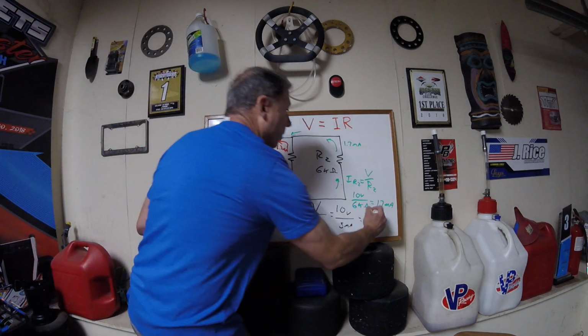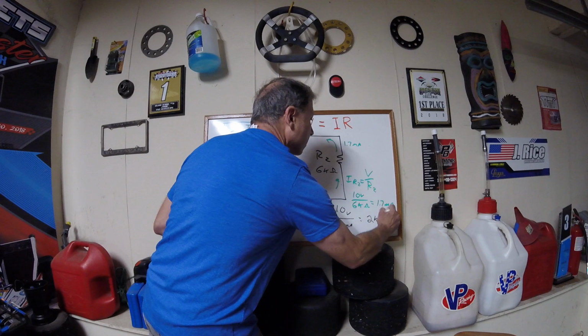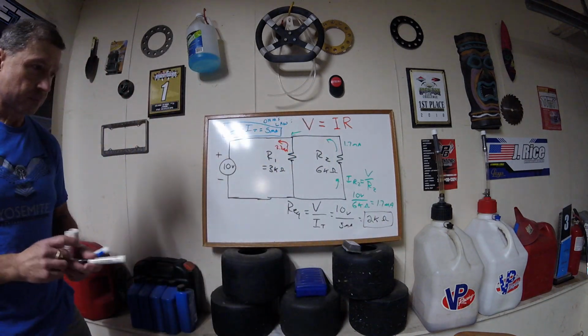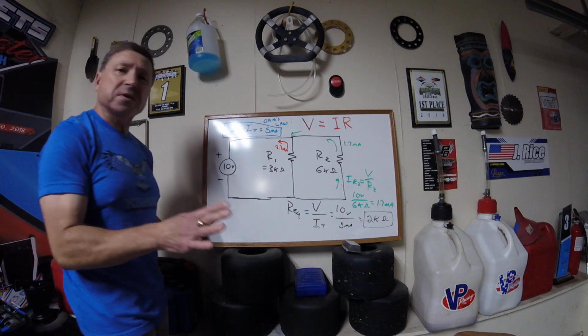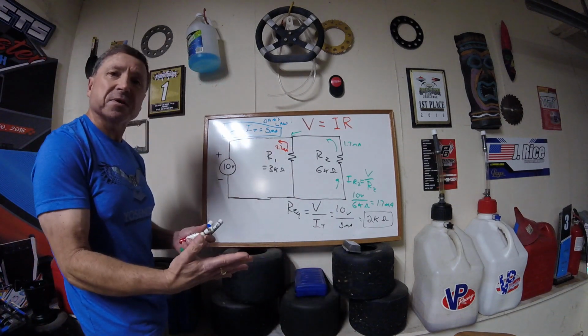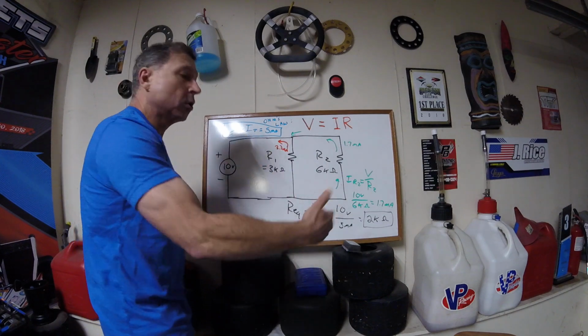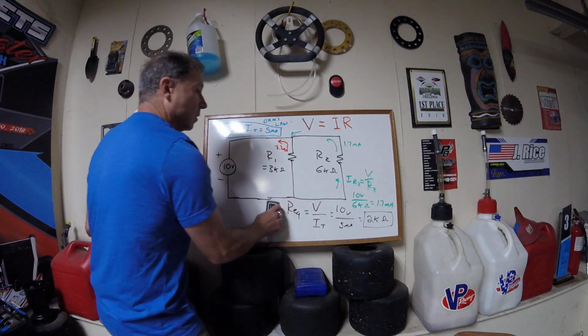And that's going to be about 2K ohms. There is a parallel resistance formula, like the series resistance formula, where R equivalent or R total was R1 plus R2. Resistors were in series.